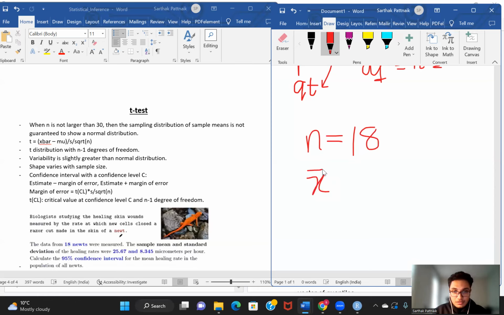Sample mean X bar is 25.67. Sample standard deviation S is 8.345.